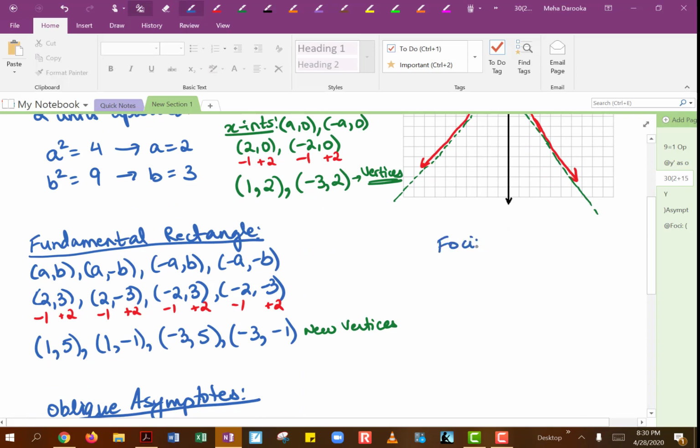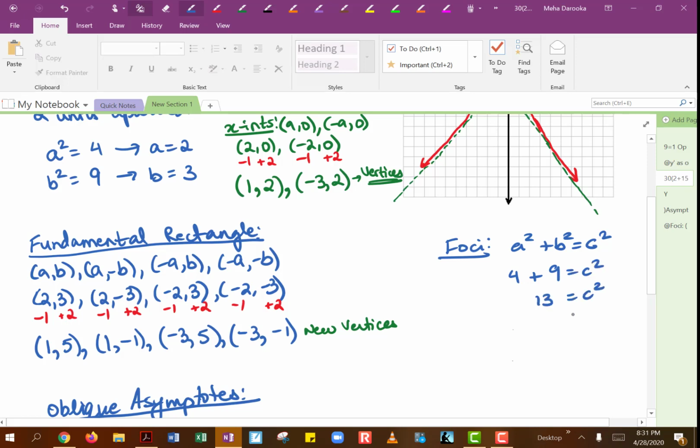Again, our relationship here is going to be between A, B, and C. A square plus B square equals C square. So let's see, our A square is 4, B square is 9, which will add up to 13.